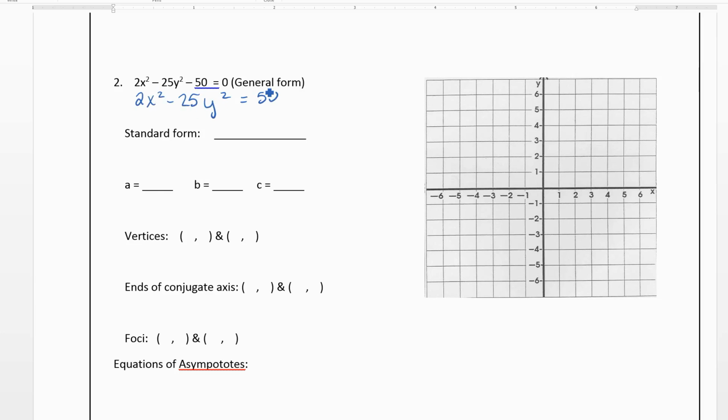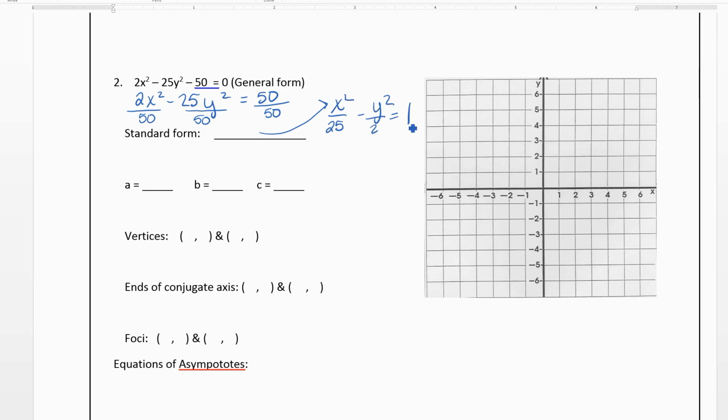And then the equation for a hyperbola always just has a 1 on the right hand side, so we're going to divide everything by 50. And if we simplify this, we'll get our standard form, which I'm going to write over here. We'll have x squared over 25 minus y squared over 2 equals 1.